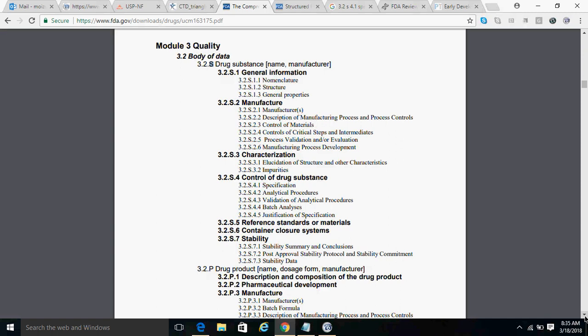So Toronto supplies the information to us: how he manufactured the drug substance, what kind of quality control tests he did on his drug substance, what the impurities in the drug substance are, and how he is sending the drug substance, like the container closure. All this information he has to provide to us. Who does this? Quality control people do the testing. Quality assurance people will sign off.